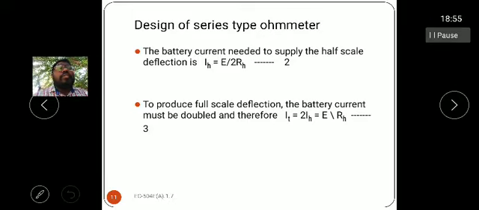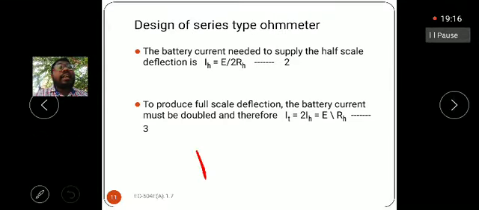To produce the full scale deflection, the battery current must be double, because here we are taking the half scale. Therefore, IT, the full scale deflection current, is equal to 2 into IH. This is the half, this is the full.